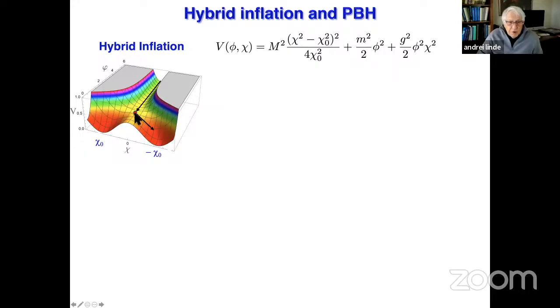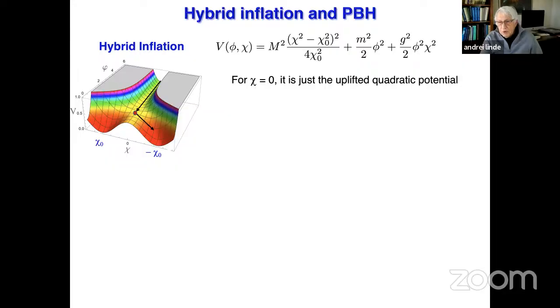So at some particular point, which we'll call phi c, the critical field phi, which is equal to m divided by the constant g, this direction with respect to the field chi becomes tachyonic, and field chi falls down either to the right or to the left, and inflation may end. So there will be two different possibilities. First, the case of chi equal to 0.